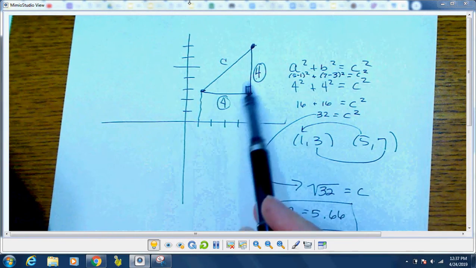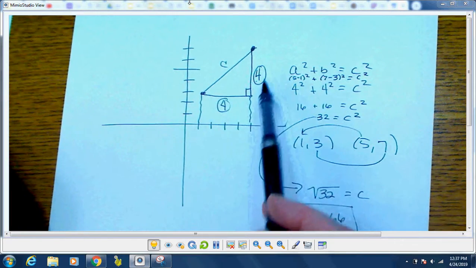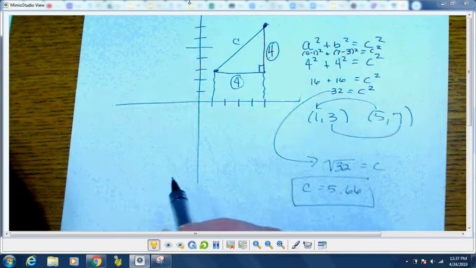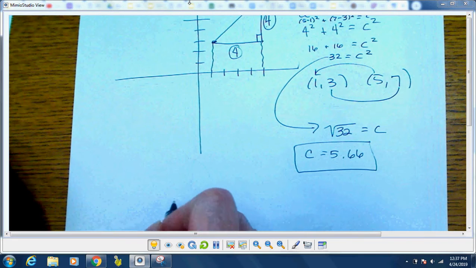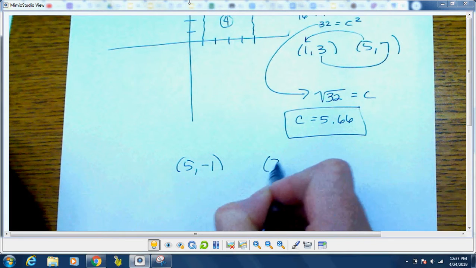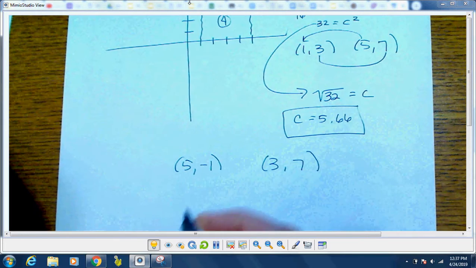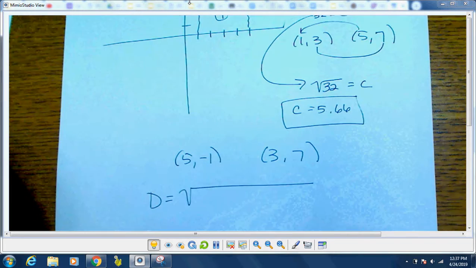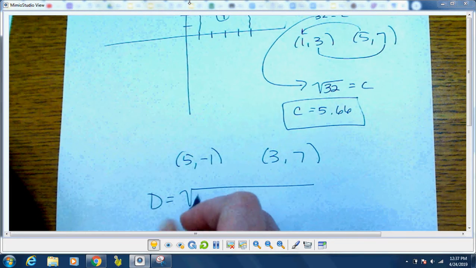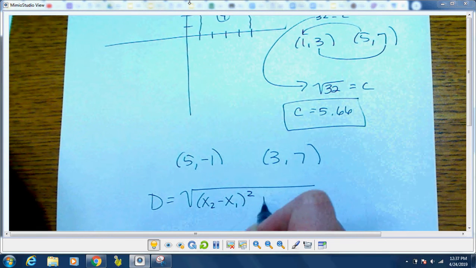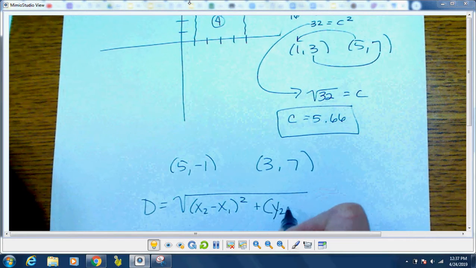I kind of showed you why the distance formula works, but I haven't actually shown you the distance formula yet. So the distance formula, let's say you have the points 5, -1, and 3, 7. So here's the distance formula. Distance equals the square root of x2 minus x1 squared plus y2 minus y1 squared.